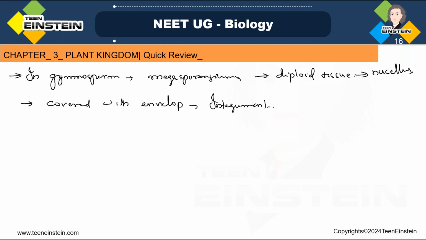So this composite structure is called integumented megasporangium. Together, this complete structure, the nucellus covered with the envelope-type structure called integument, is called the integumented megasporangium.